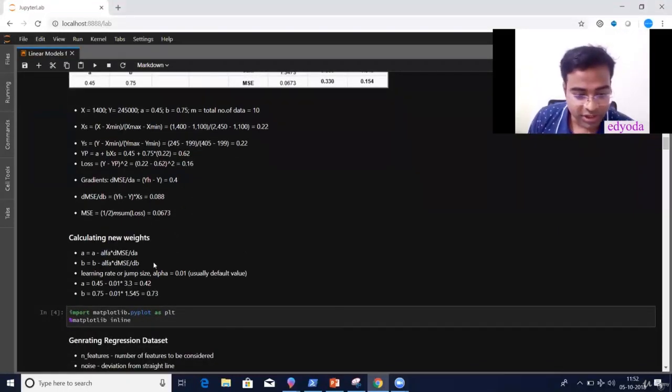So let's see here. This is your default first value of alpha, 0.01. This is the default learning rate we have configured, and the gradient that you have calculated is 3.3. Now let's see how that is calculated.